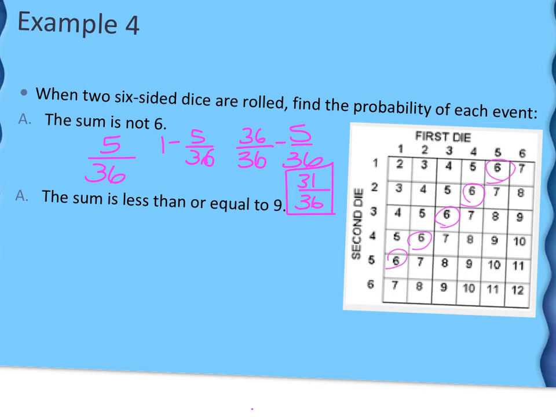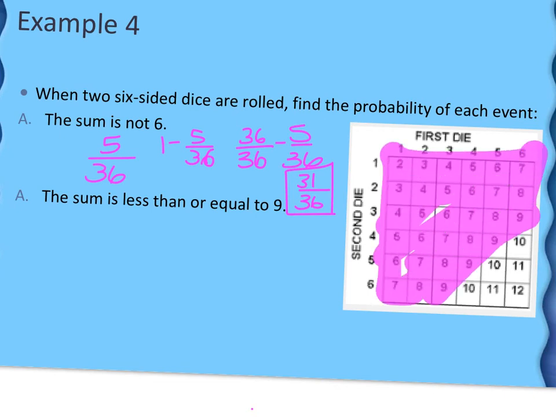So again, looking at this, okay, if it's less than or equal to 9, are there more that are less than or equal to 9, or more that are greater than? There's more greater than. So this is another incident where it's going to be easier. I would either have to count all these 9s over all those boxes, or I could figure out what would be the greater than 9 part of it, which is how many? 6 out of the 36.